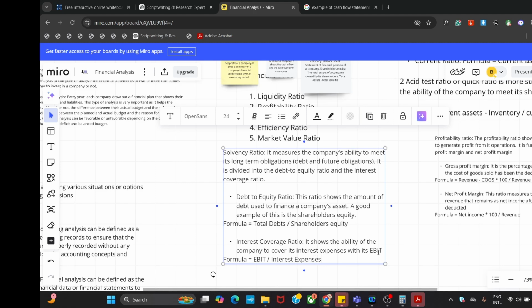So the formula for calculating this is earnings before interest and taxes divided by the interest expenses.